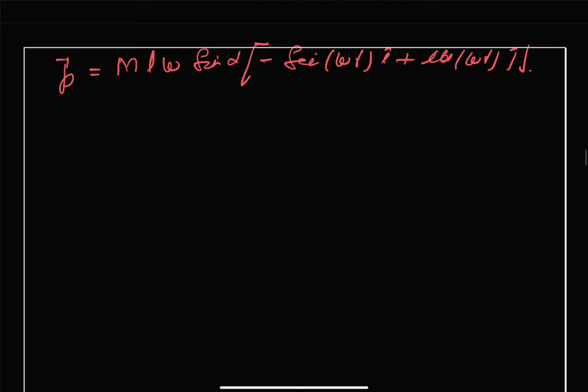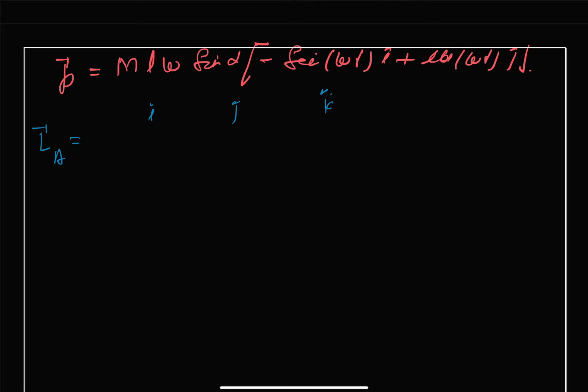So we get angular momentum with respect to point A, let me write in the form of i, j and k.